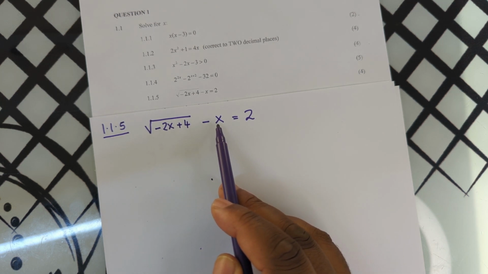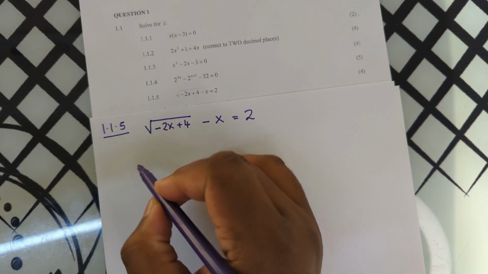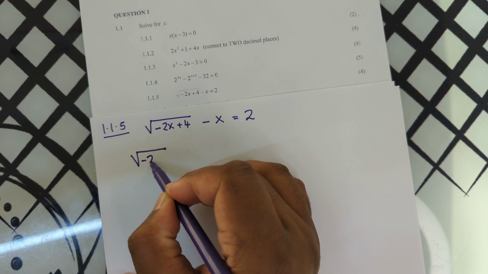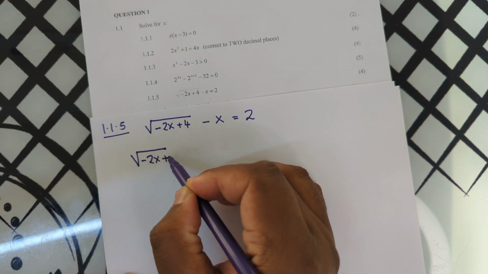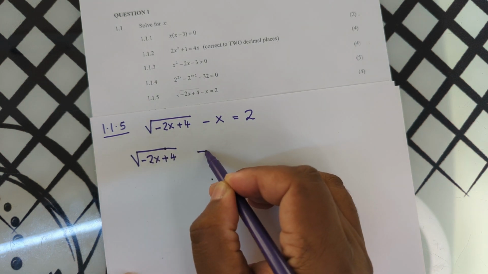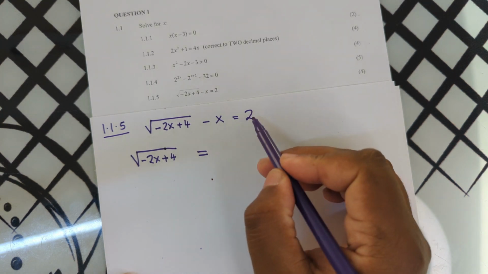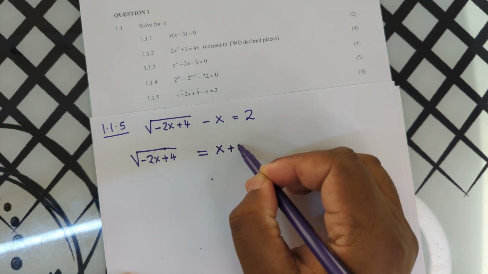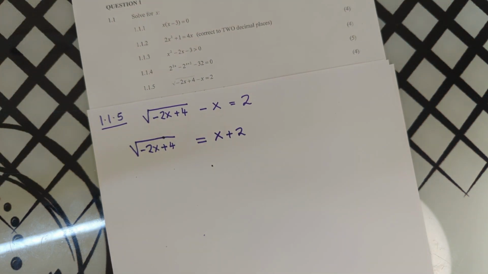So let's transfer the -x to the right side. So on the left side, we're going to remain with -2x plus 4 being equal to, when we transfer the -x to the right side, it becomes +x plus 2.